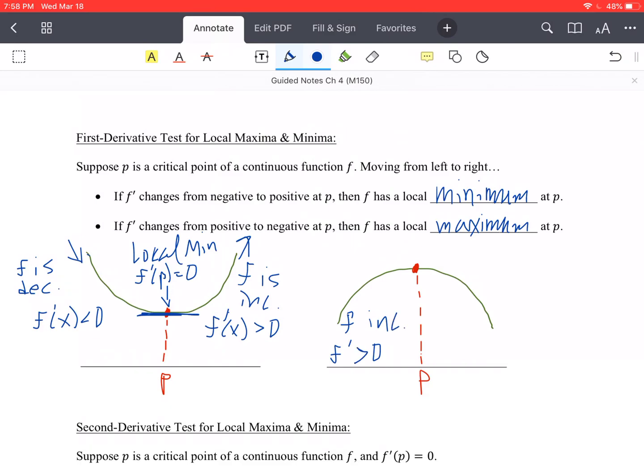The function's going up. But then when we pass P on this side, f is decreasing, so f prime is less than 0 over here. So the function's going down.